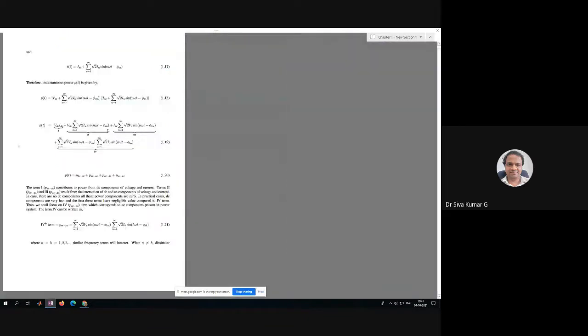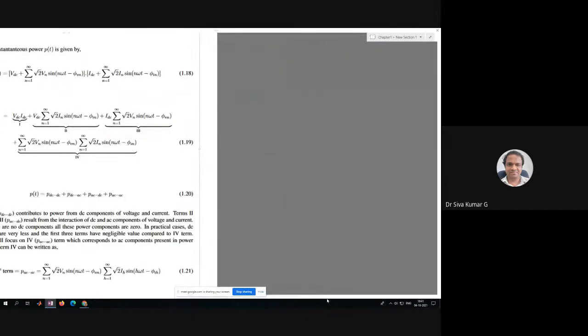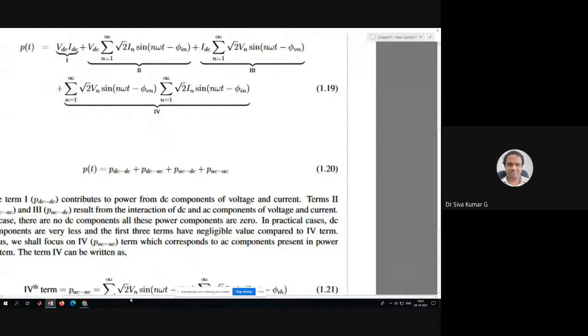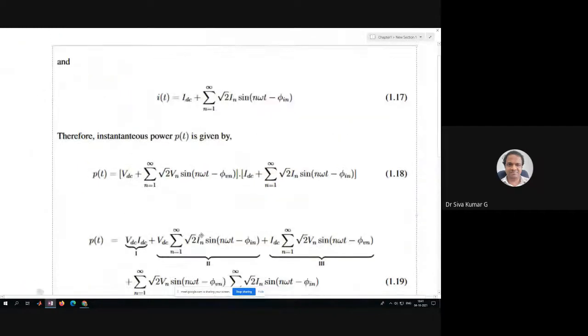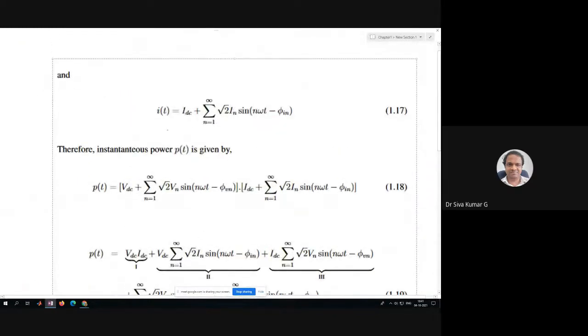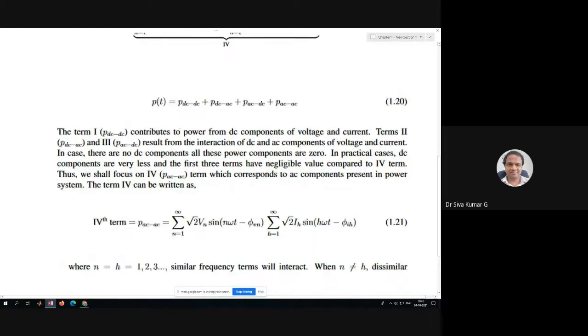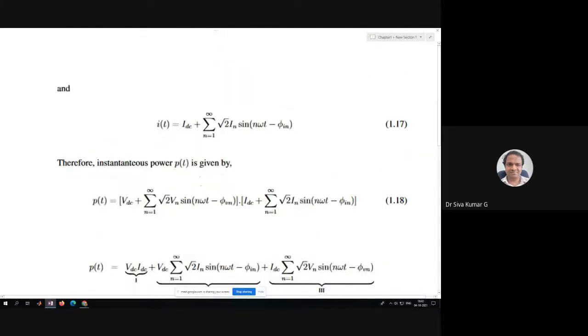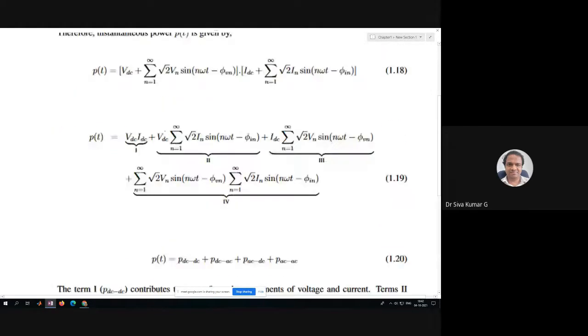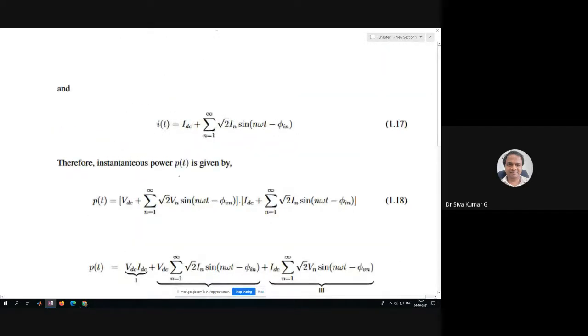This is the equation of the current, I of t, which is IDC plus the summation of the harmonics.